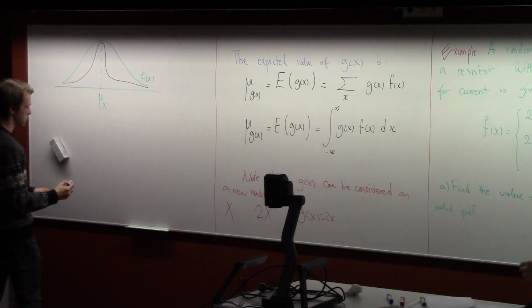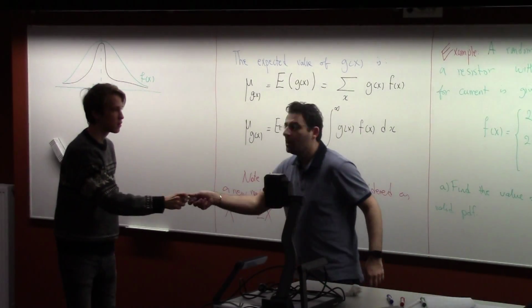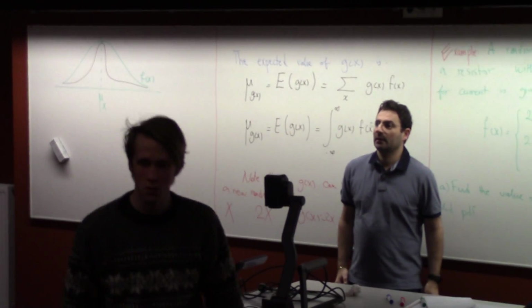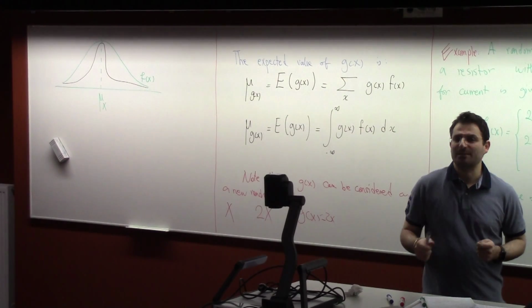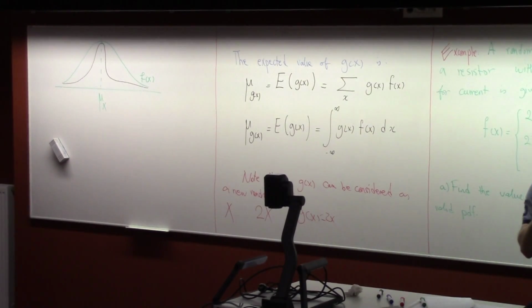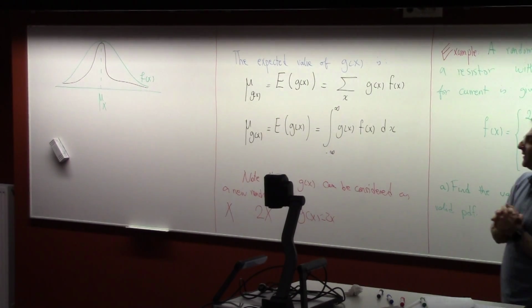Okay, very good. How many agree with this? We want to make the sigma square smaller, in other words, we want to make the data more concentrated towards its expected value.